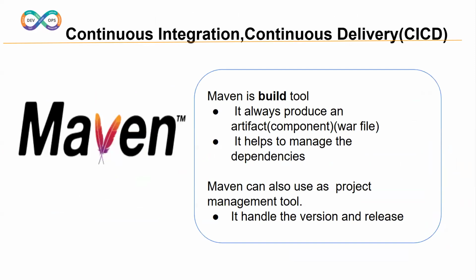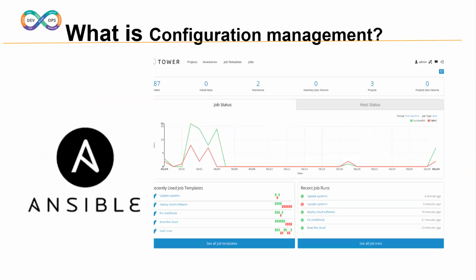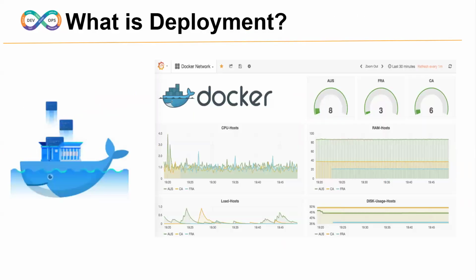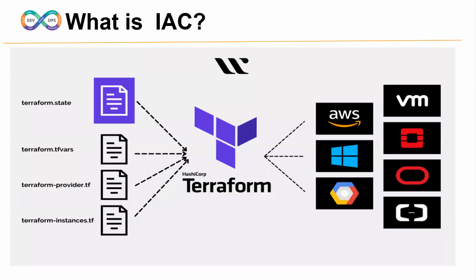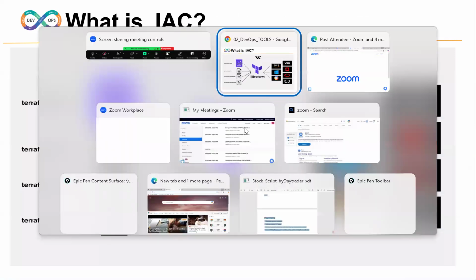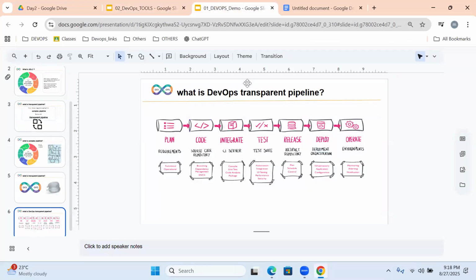Git, Maven, Jenkins, JFrog, SonarQube, Ansible, AWS, Amazon Web Services, Docker, Kubernetes, Elasticsearch, Logstash, Kibana, and Terraform. With the help of these tools, we are going to implement an automated DevOps transparent pipeline.